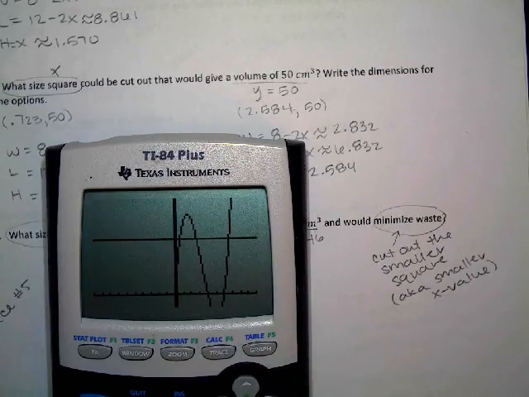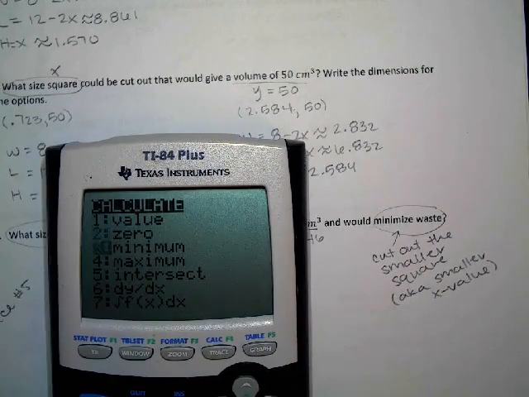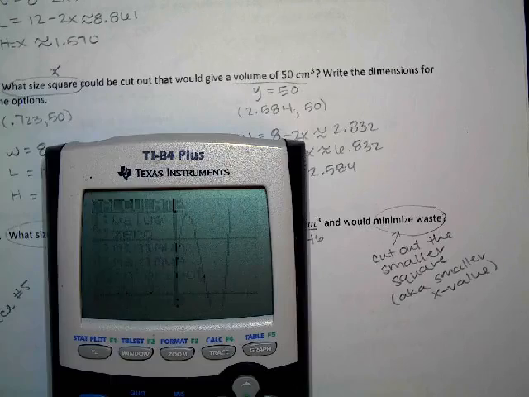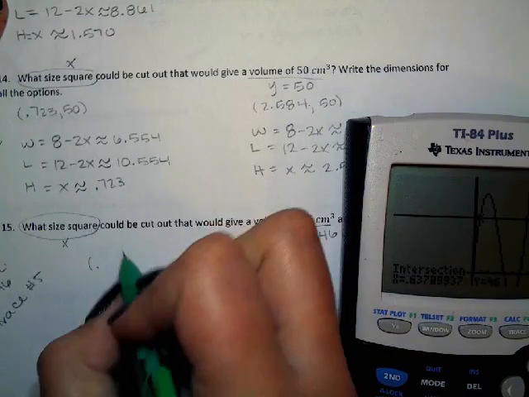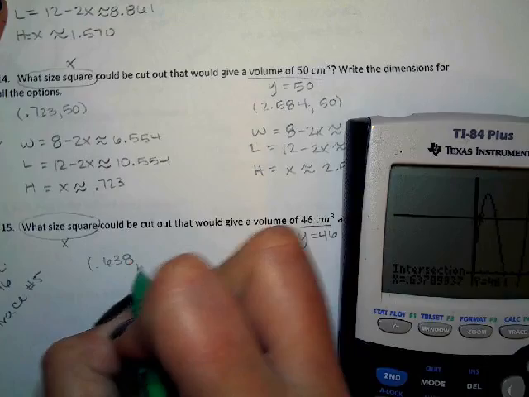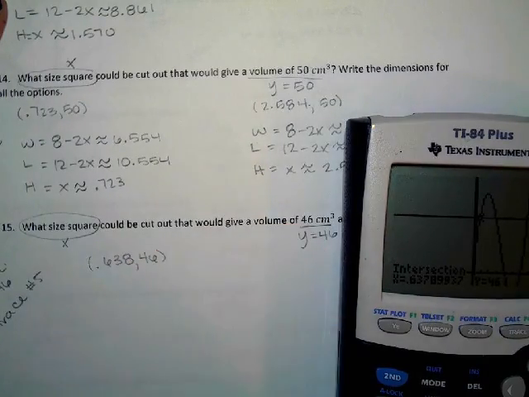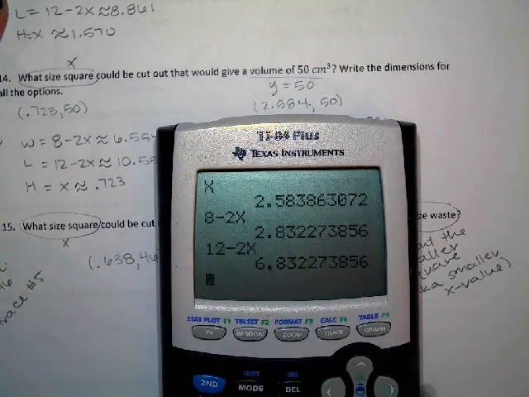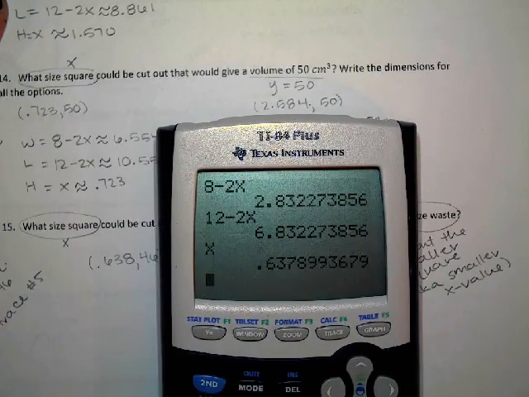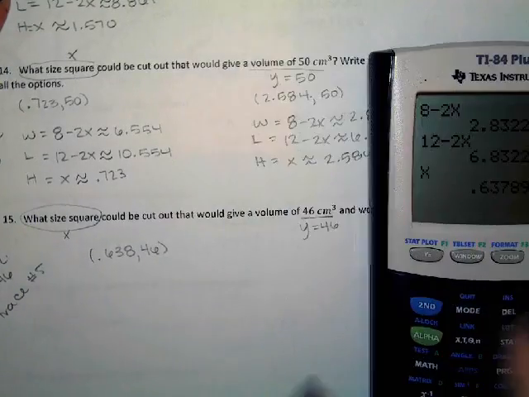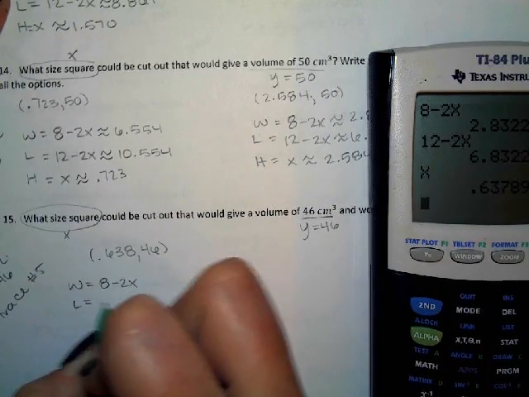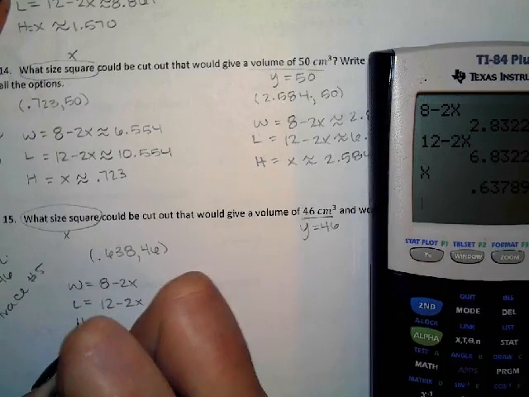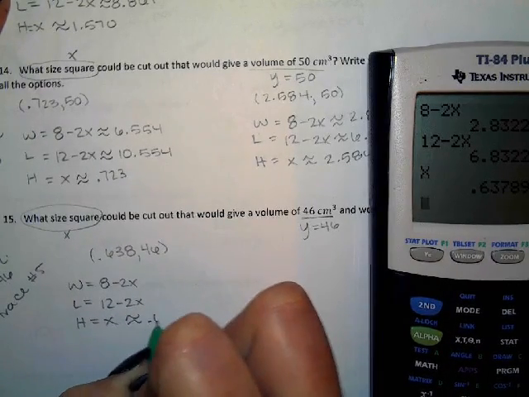I'm going to do the same thing, second quit, get my x in there.